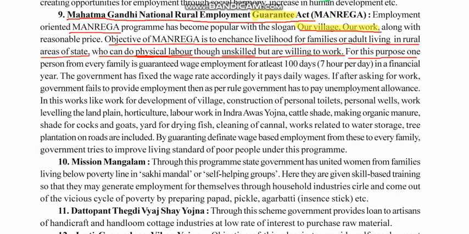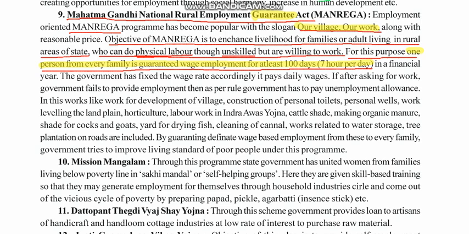For this purpose, one person from every family is guaranteed wage employment for at least 100 days, at least 7 hours per day. Important, remember, one person from every family.